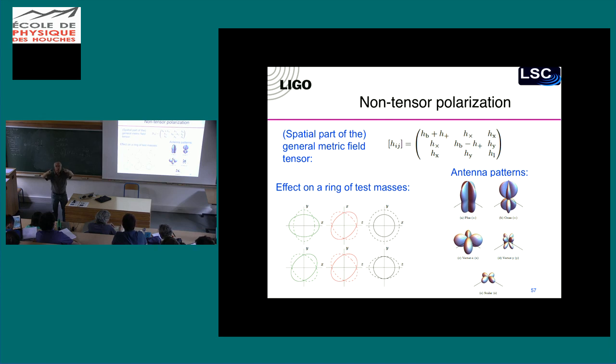So unless you know how much plus and cross you've got, you don't know how far away the source is. In order to use it as a standard siren, you need to know its polarization content. And to do that, you need at least 2 non-co-oriented detectors. Does that make sense?